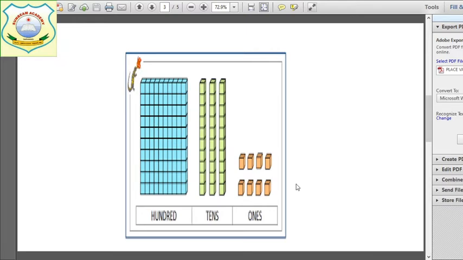Now, come to the next slide. Children, here you will see the places. First place is of ones, then come tens and then come hundreds. Repeat again. Ones, tens, hundreds. Now, come to the next slide.